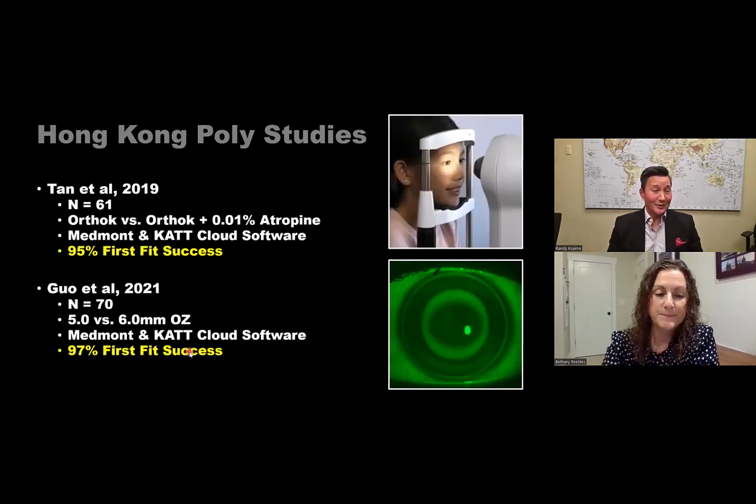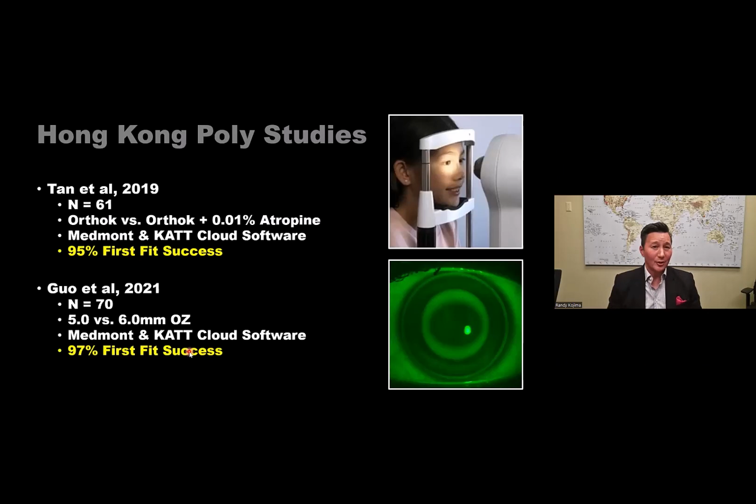Now, is it accurate? These studies out of Hong Kong Poly looked at using the KATTCloud platform to build an ortho-k lens. And you can see that using, in this case, the Medmont, the KATTCloud platform created a 95% first fit success in the 2019 study by Ki Tan, and then by Ella Guo, it was a 97% first fit success. So it's possible to achieve a very high level of success with this software.